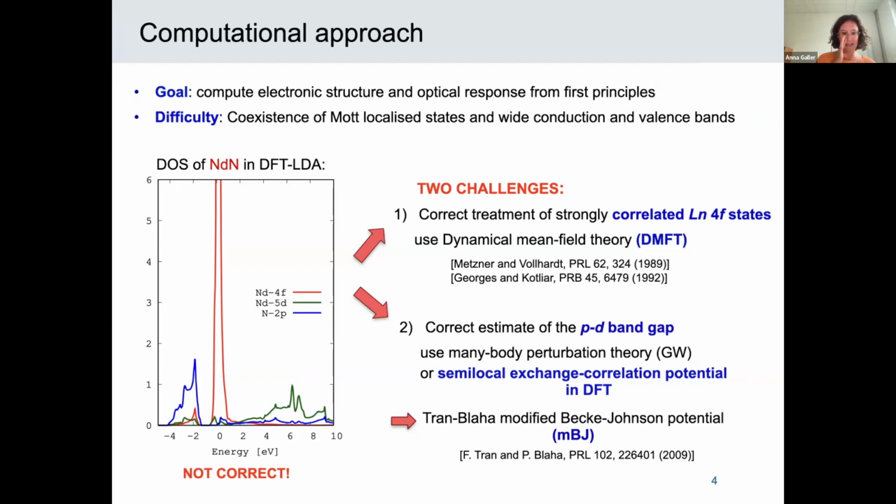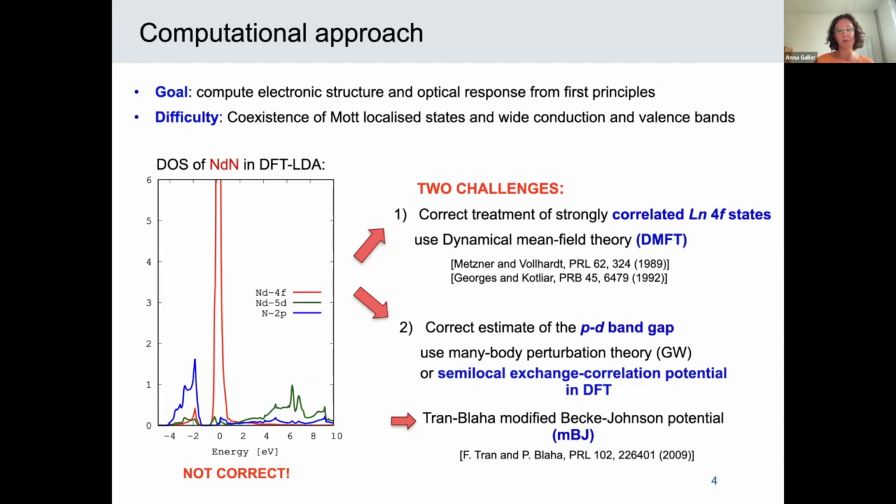However, there is a second challenge in these materials, which is related to the underestimation of band gaps in DFT. So here this would be the semiconducting band gap between the nitrogen 2p states in blue and the neodymium 5d states in green. So in standard DFT, this band gap is underestimated.